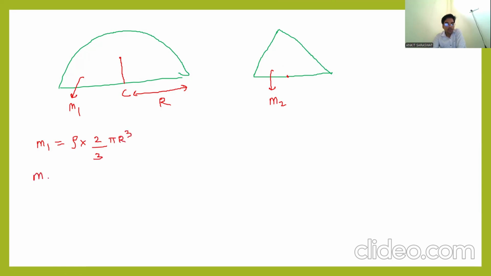Similarly, M2 will be density multiplied by 1 by 3 pi r square into h. So if this is m, this is 2m.